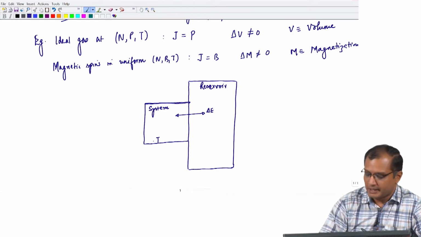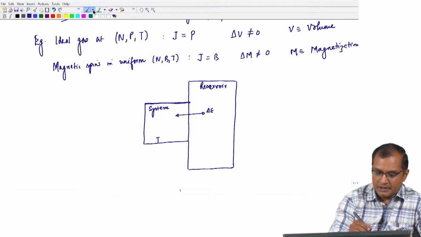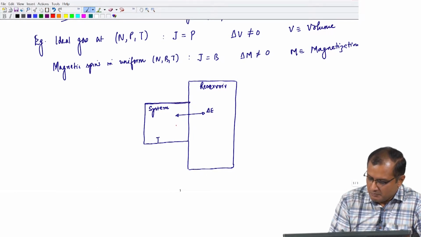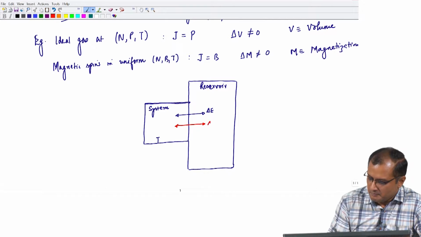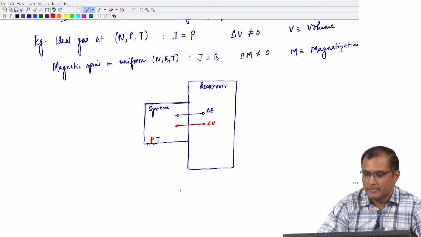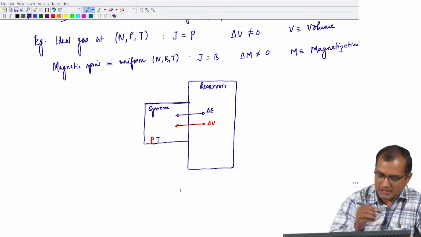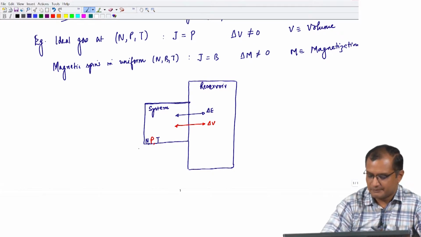Okay. And similarly, you can allow exchange of volume to keep pressure constant. Okay. And since we are not allowing any number of particles to escape the system or the reservoir, N is naturally conserved.